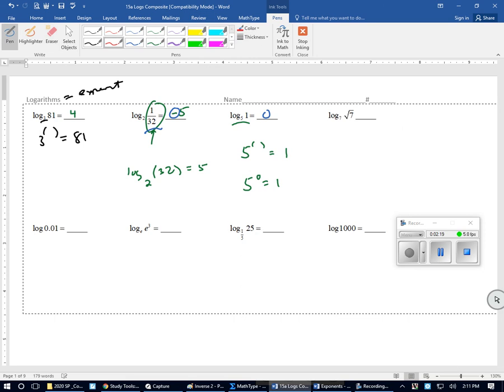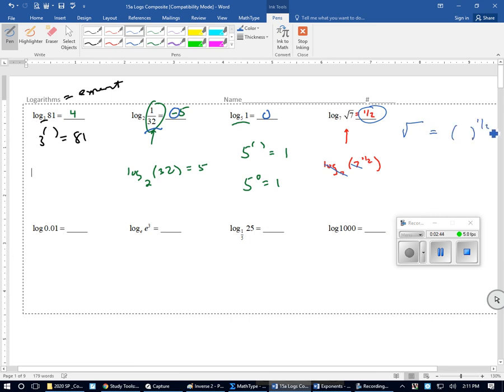Well, the answer is 1/2. You can also look at it and we said that log base and a base cancel, so it's 1/2. The important thing to remember is that the square root means raised to the 1/2 power.